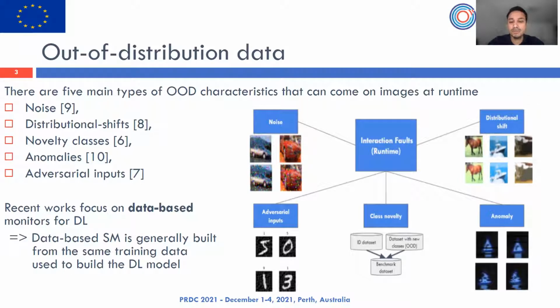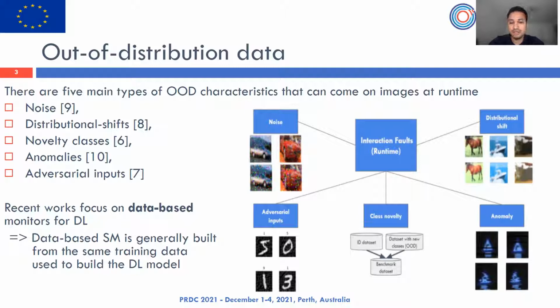We have distributional shifts, that is when the distribution of the pixels is changing because of environmental conditions or other factors like light conditions or other kinds of transformations that the image can suffer at runtime.